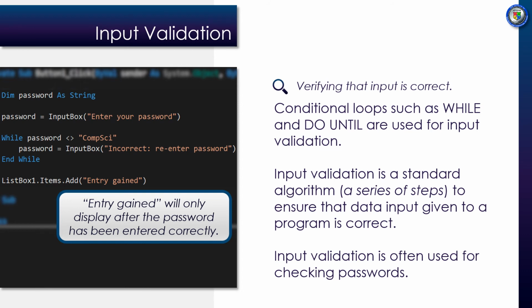If the condition is false and the password is now comp sci, we will exit the loop and we will print entry gained. If again the condition is true and it is not comp sci, we will follow the same process. This will continue until the password has been successfully entered an indefinite number of times.